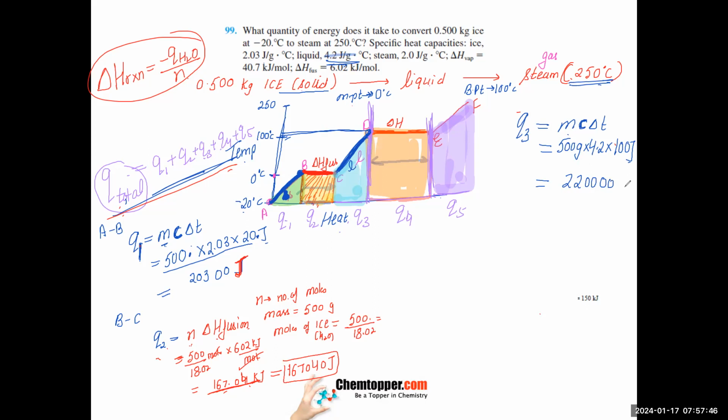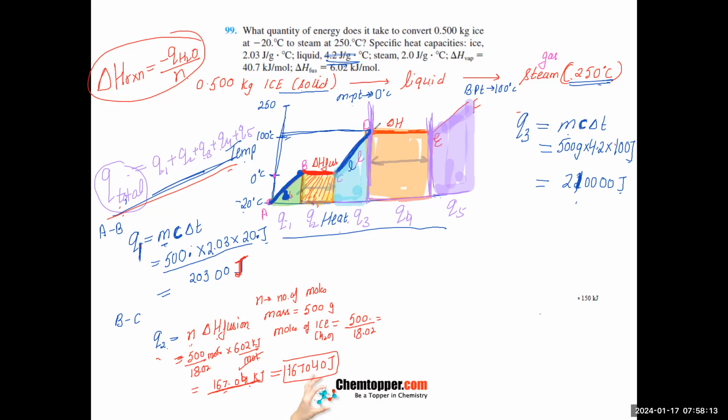Is this the answer? Oh, 21. Okay. This is Q3. All these Qs have a positive sign because it's endothermic. You are heating, you are adding heat. So they all are with the positive sign.